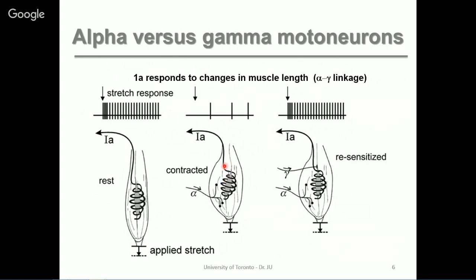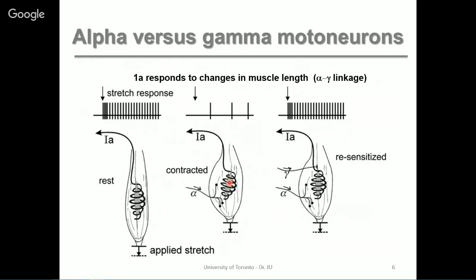So this is a fast response back centrally, and it causes the muscle to contract, which is what you're seeing here. Unfortunately, though, that means that this muscle spindle is no longer sensitive, right? Physiologically, what does that represent? It's no longer sensitive. What does that actually mean?